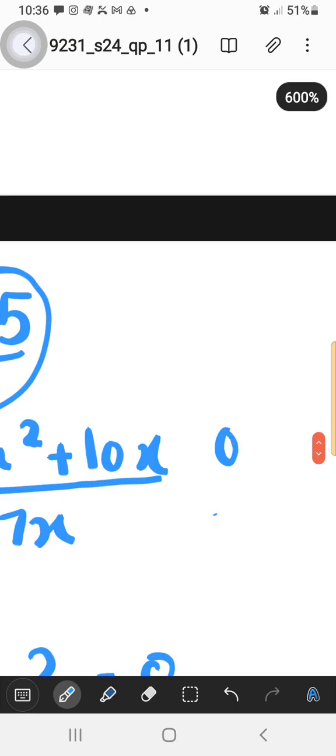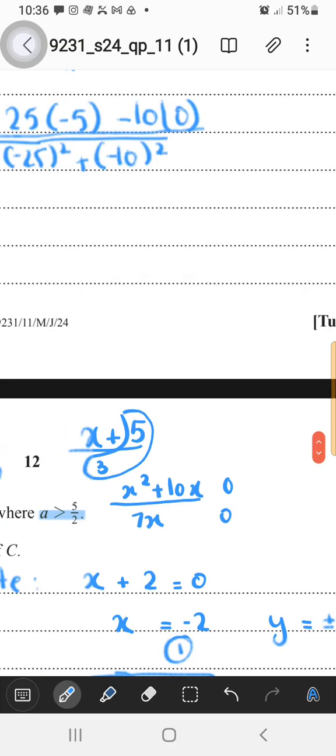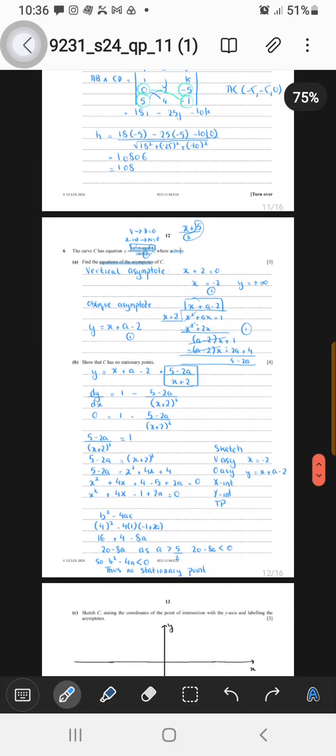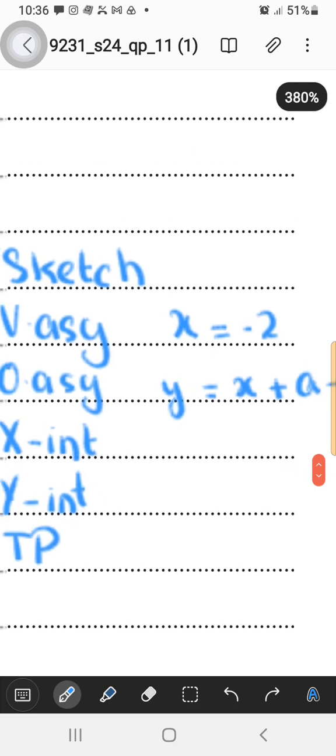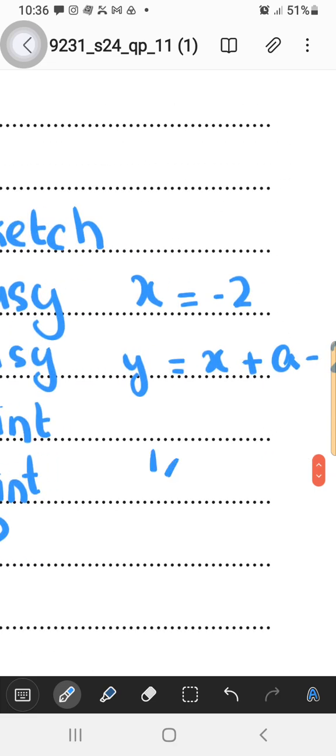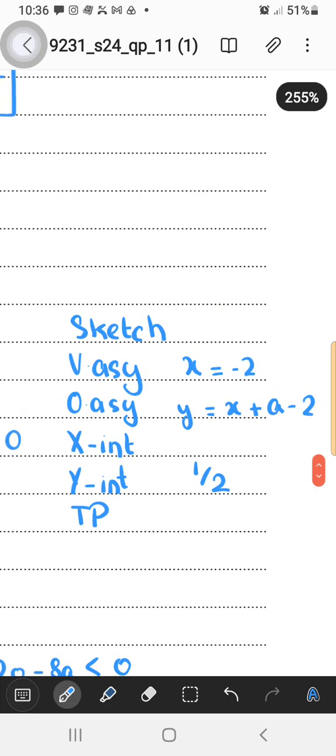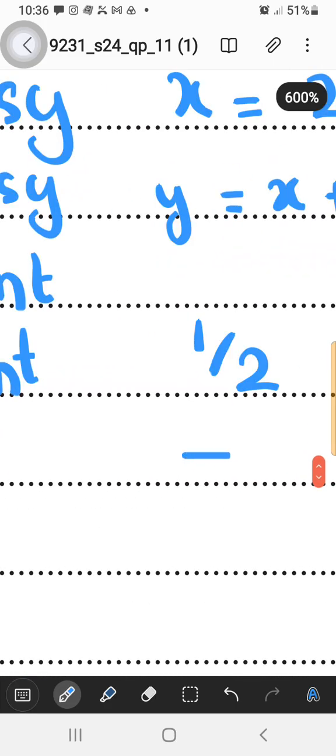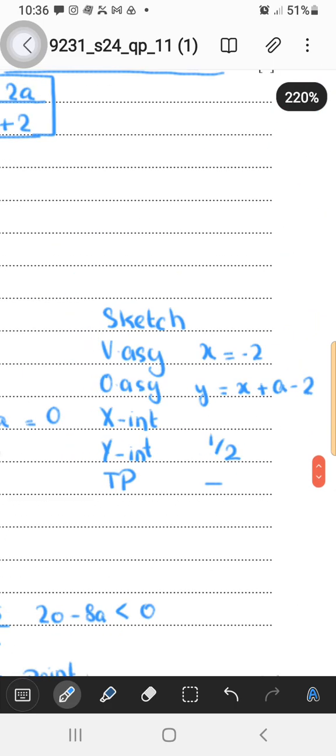As there is 0 upon 0, there will be nothing for y-intercept. Oh no, wait a bit, I think there will be 0 y-intercept. We will look at it in that case. So y-intercept will be 1 upon 2 here. And turning point, we proved that there is no stationary point, which means there is no turning point.